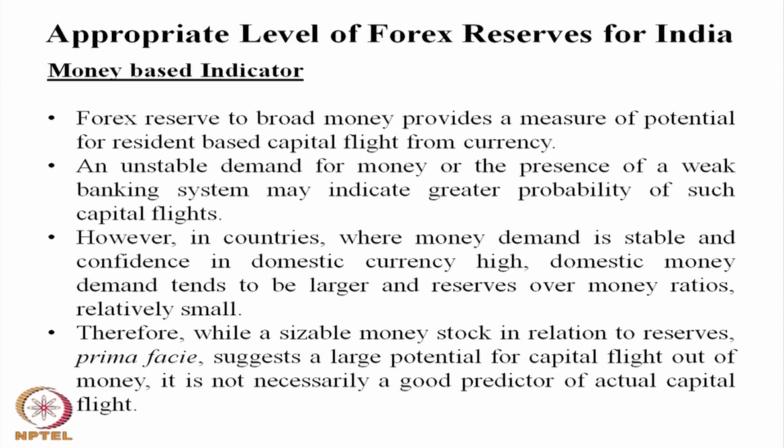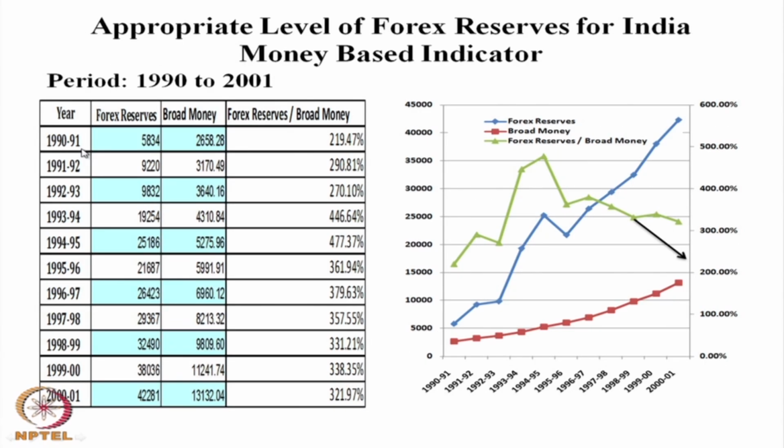If you see the Indian context, for the money indicators I have taken into account the foreign exchange reserve from 1991 to 2011-12. Similarly, I have taken the broad money supply, and I have estimated the ratio of foreign exchange reserve to money supply.